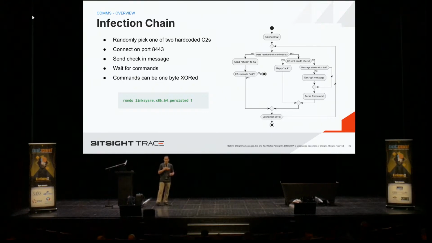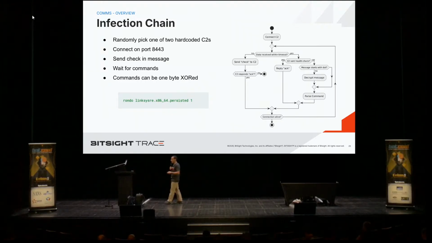They send a check-in message initially, and then they wait for commands. The check-in message is a very straightforward string. It's rondo, here you can see where they're using the actual argument, and then it has a 1. The 1 is just a counter that gets incremented every time they open a new socket to the C2. This message is only sent once when you connect to the C2.